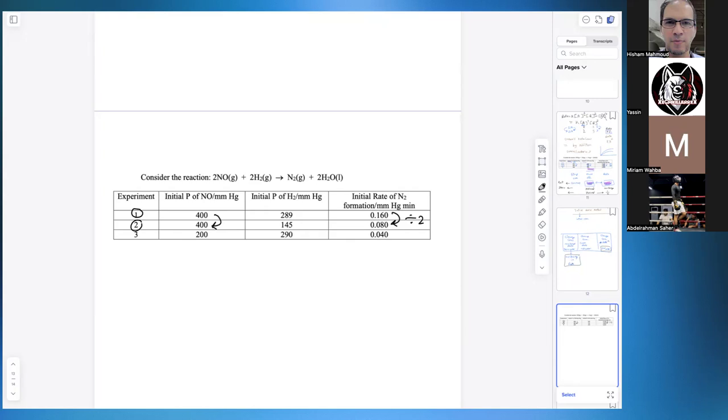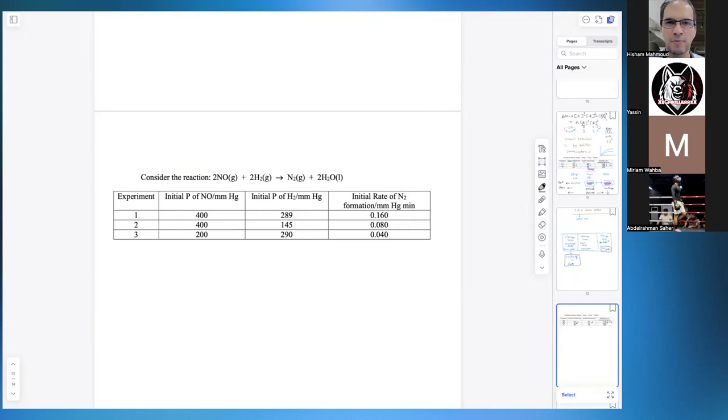So, Mister, this means that this is fixed, so I will not use it. Why did I use it? I need to make one of them fixed and one changing, Abdurrahman. Why am I doing it like this? Because when the change happens, I will know that this change is because of the change in H2. I don't want them both to change. If I make them both change, I will be confused.